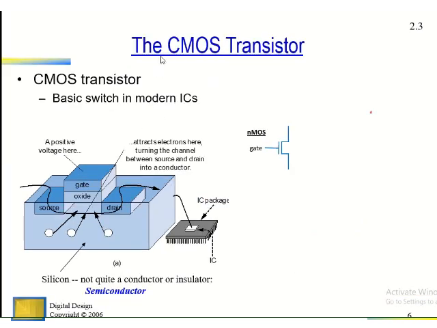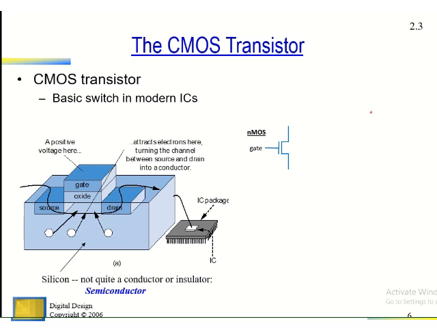So this CMOS transistor is the most popular transistor IC, and you will study in detail about the CMOS transistor in VLSI design course. Let's have some basic introduction about the CMOS transistor.